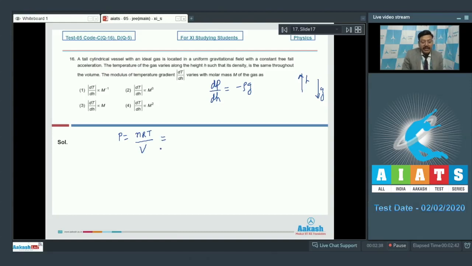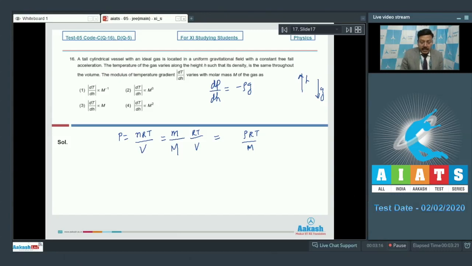So we can put n, the number of moles, as the total mass small m divided by capital M, into RT by V. And further we can see that small m by V is density, which has been given as a constant in this particular case. So P is also equal to rho RT by capital M, where rho is the density of the gas.